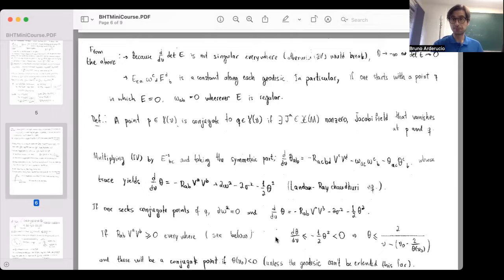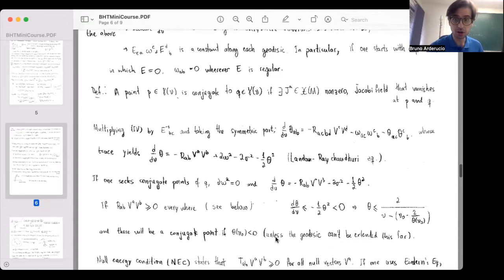We define conjugate points as the ones for which there is a non-vanishing Jacobi field that is zero at the pair of points. So if there is a non-zero Jacobi field that is zero at P and Q, they are conjugate to each other. This theorem, sometimes called the focusing theorem, gives you a criterion for identifying when there are conjugate points in a congruence.